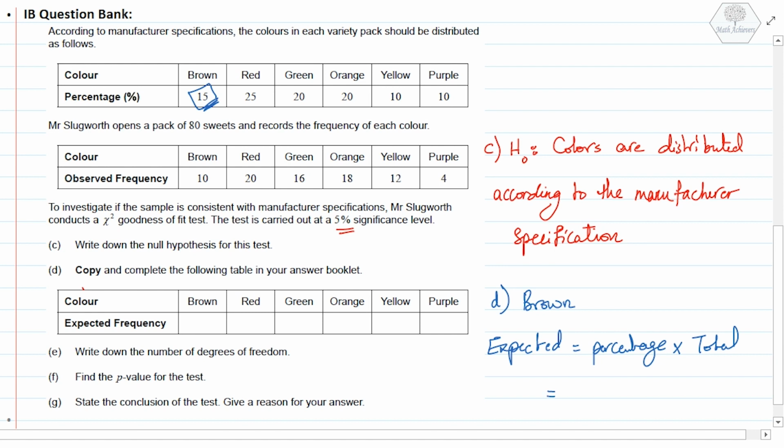For brown, the expected value would be 15%, which is 15 over 100, times the total. The total number of sweets is 80, so this is 15 over 100 times 80.